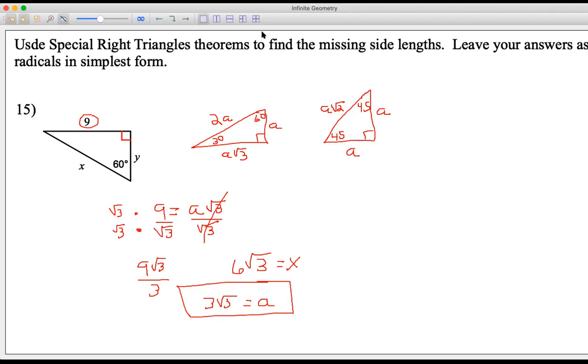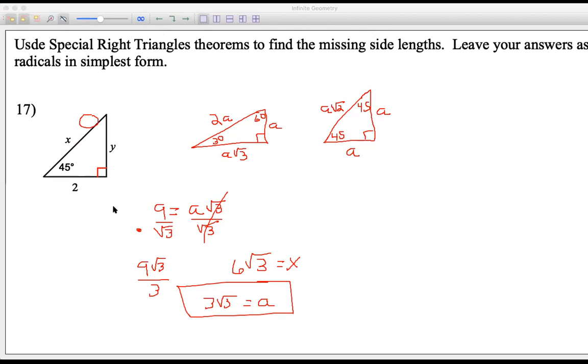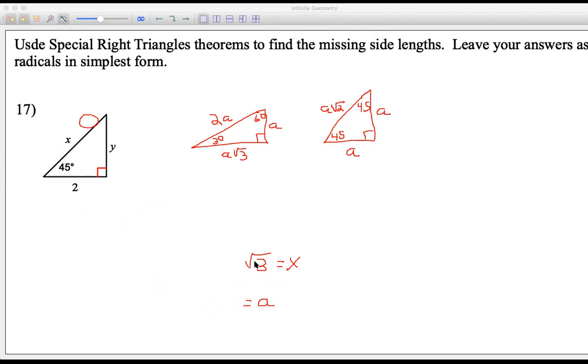Let's just do a 45, 45, 90, call it a weekend. Here's your 45, 45, 90. What's the only number up there? 2. This one's the easy one. So 2 matches up with what? This triangle matches up perfectly.